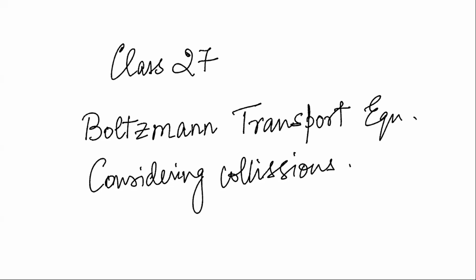But what we are going to discuss is, suppose you know the scattering cross section, then what is the general expression? The scattering cross section will change from problem to problem, because the interactions are going to change.